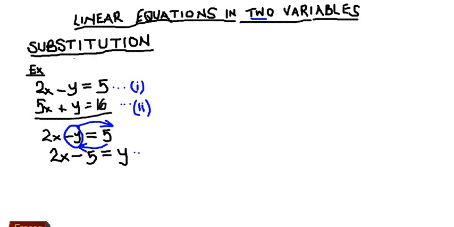So in effect, we have created equation number 3, in which we have made one of the variables the subject, or we have expressed one variable in terms of the other. So our next step, we take this expression that we have generated and substitute it in the remaining equation.